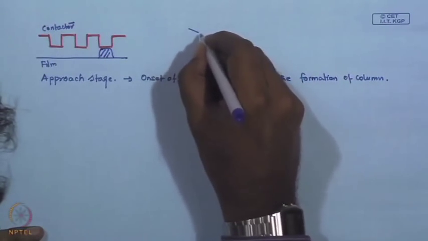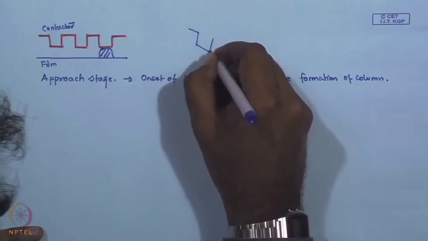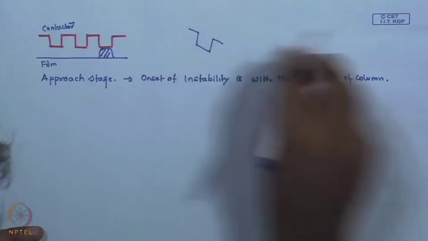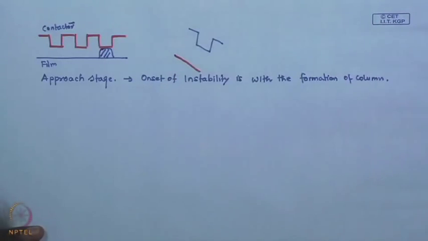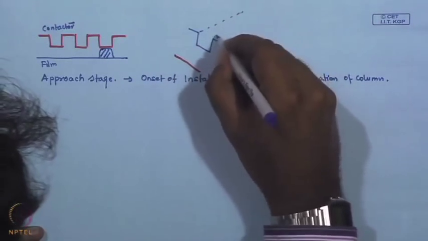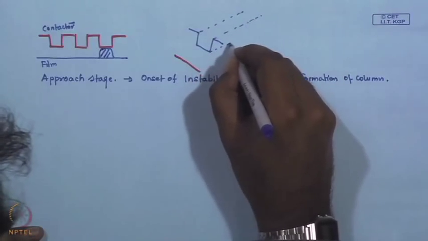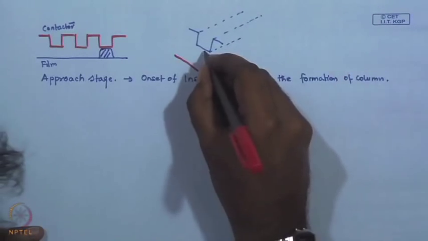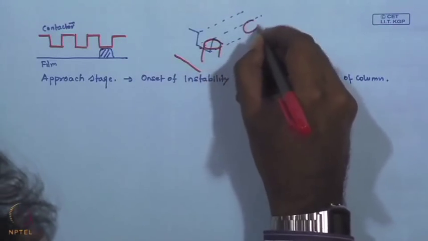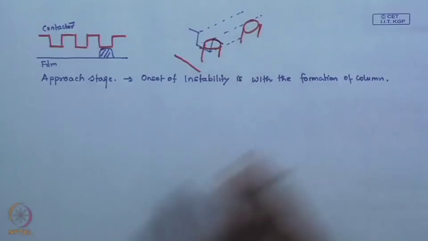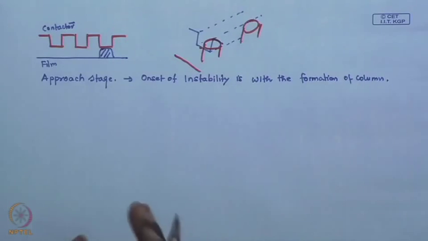So, let us say this is a stamp protrusion which you are looking at, and this is the film surface. So, this is how it goes, and somewhere or the other the column can form here or something like that. So, it forms only below the stamp protrusions.